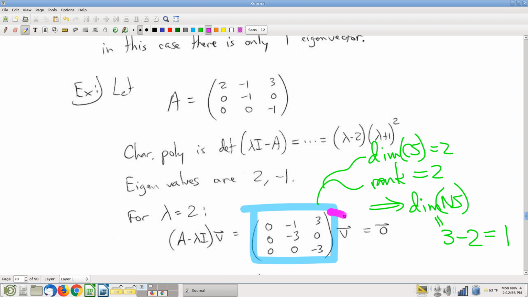The n is 3. The rank is 2, so therefore the dimension of the null space is 1. We're looking for a one-dimensional null space.